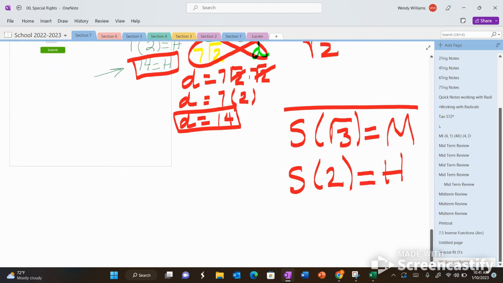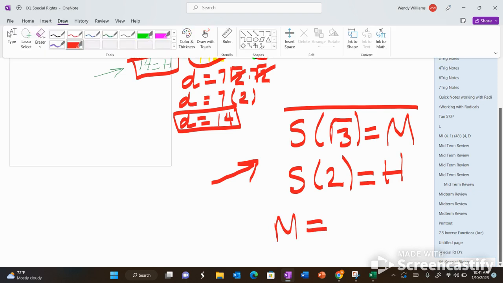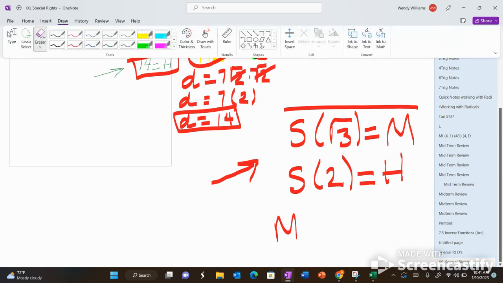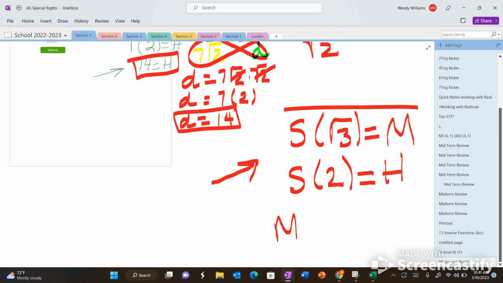The one that is tricky, if you're only using equations, is given the medium, how do I get to the hypotenuse? You would have to do it in 2 steps. There's only a relationship between small and medium and small and hypotenuse.